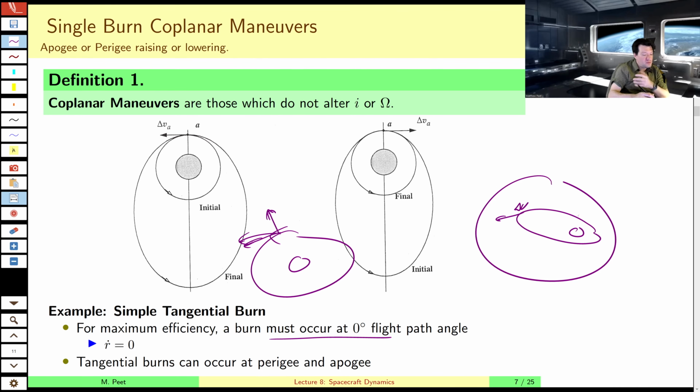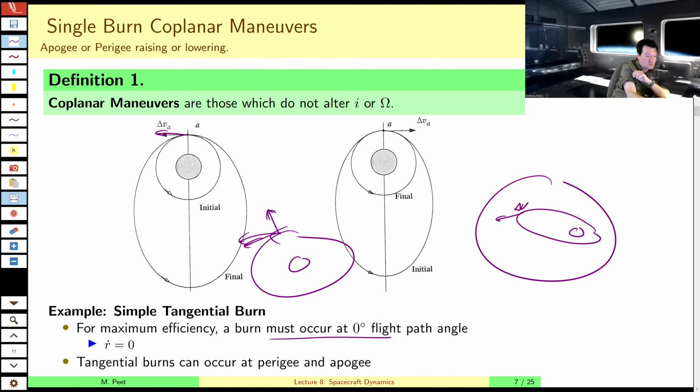Okay. So maneuvers typically occur at apogee and perigee, or periapsis and apoapsis, depending on whether you're around Earth or not. Obviously, if you're at periapsis, you can raise your apoapsis.